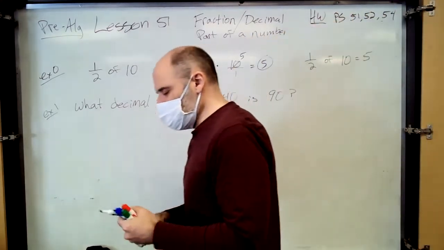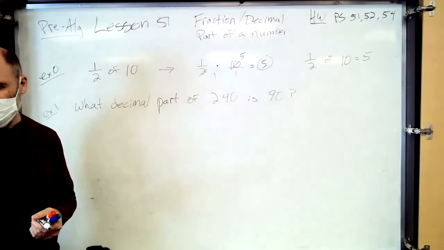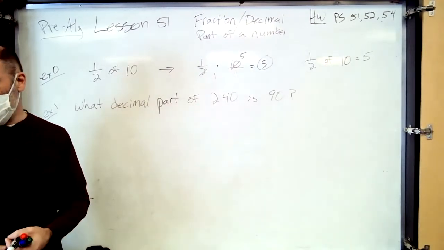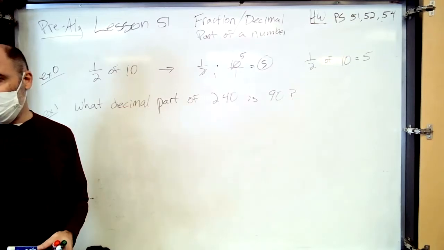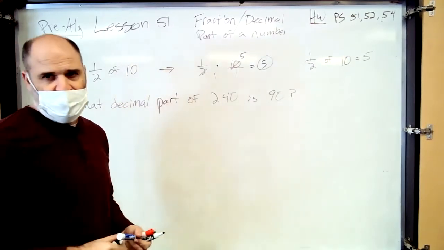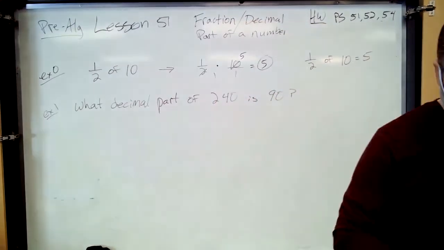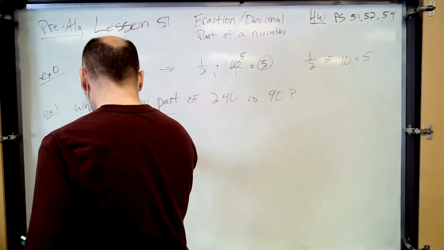So in order to do that, we have to translate this into an algebraic equation. So let's start in the beginning. How do you say what decimal part? That could be your variable. I'm going to be strategic with what letter I choose, though. That's going to remind me that I'm looking for a decimal part.